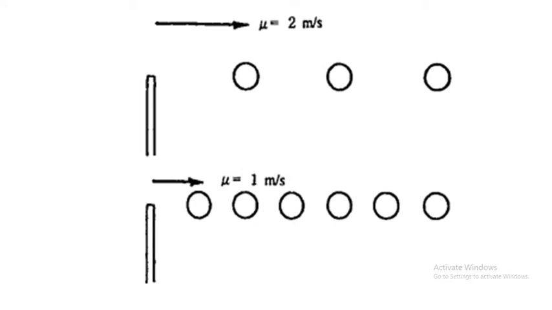When the wind velocity is 1 meter per second, the distance becomes 1 meter, and at a velocity of 2 meters per second it becomes 2 meters. So the distance between puffs shows the dilution effect. So the concentration is inversely proportional to the velocity.